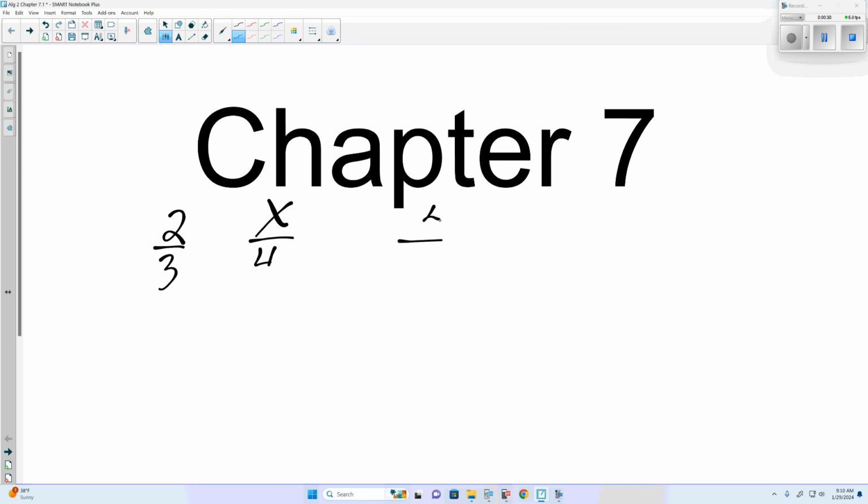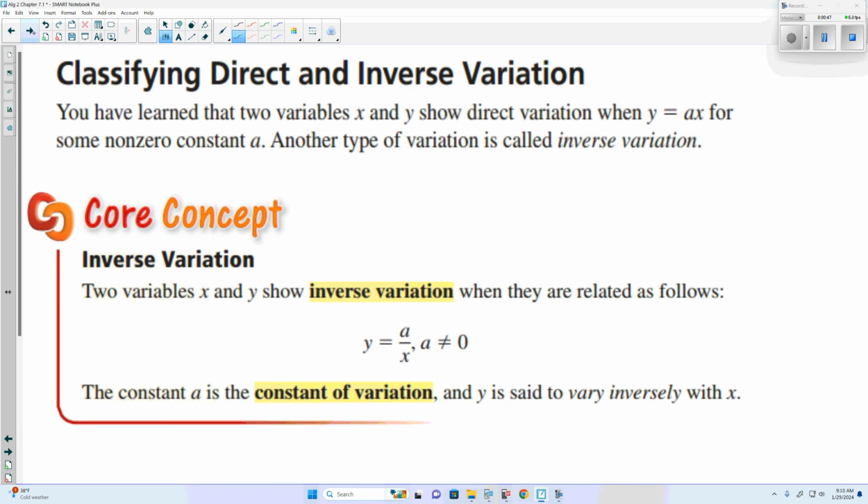Now we're going to start looking at when x is in the bottom of the fraction. The variables can be in the numerator and denominator, and a lot of the ones that we'll have will either have them in both or specifically on the bottom of the fraction. But before we get too far into that, we're going to first start talking about direct and inverse variation.